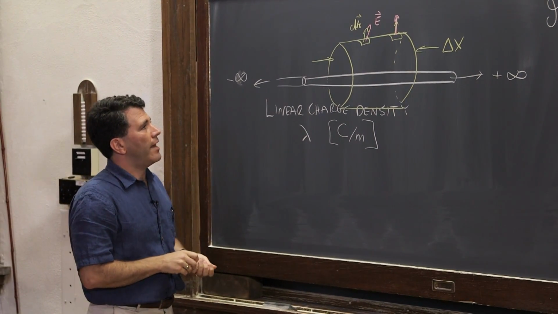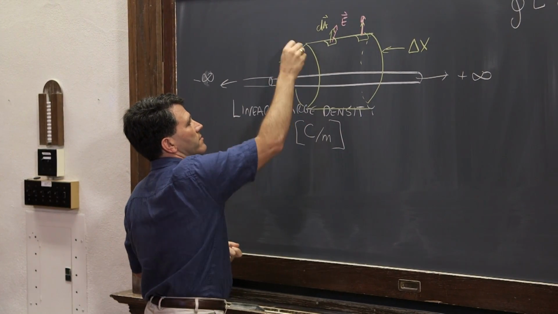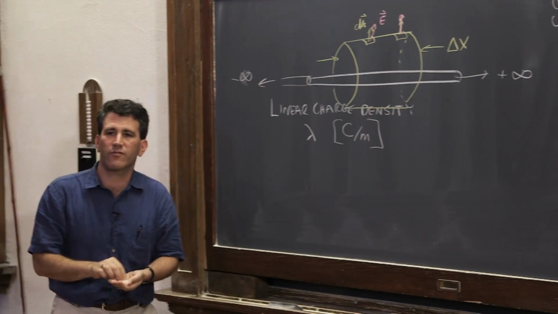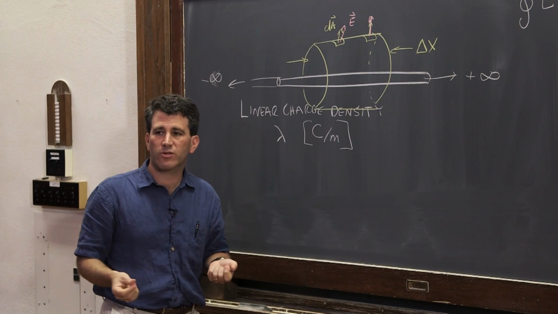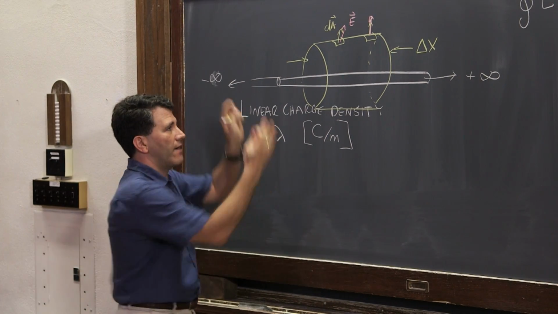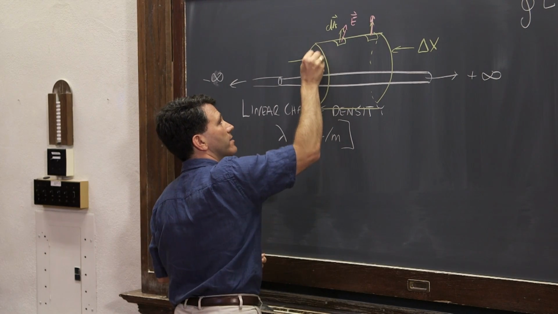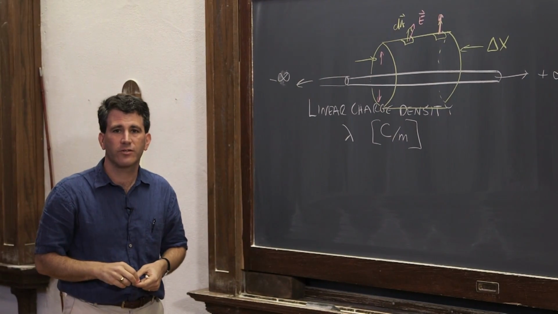All right, and we can talk about the surface area of the end caps, but we don't even have to get very fancy for this, because we know what direction the electric field is going to be pointing. If we have nice flat end caps for the cylinder, the electric field is going to be pointing radially outward from the line of charge.